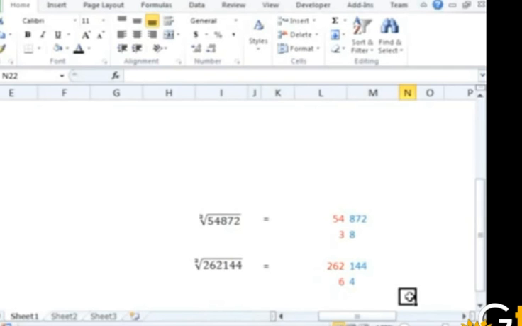So you have to take the digit place. I have mentioned the 4, and this 262 will be satisfied when it is 6 cube, right? So it is 64. So the answer of 262144 is 64. Hope you understand. Thank you.